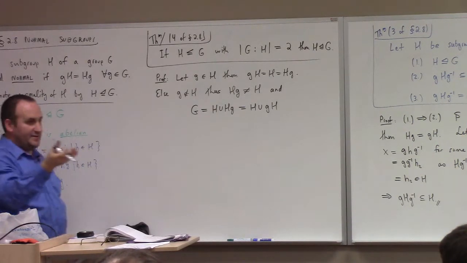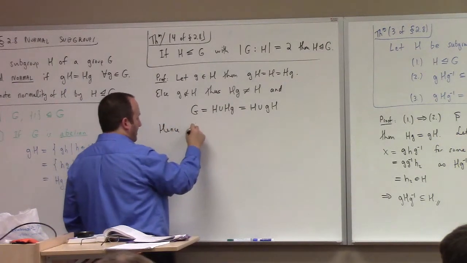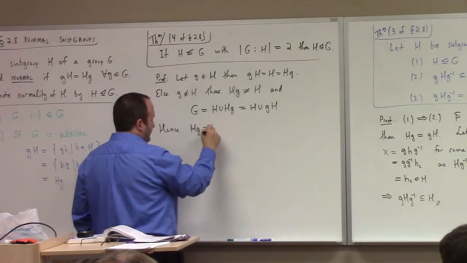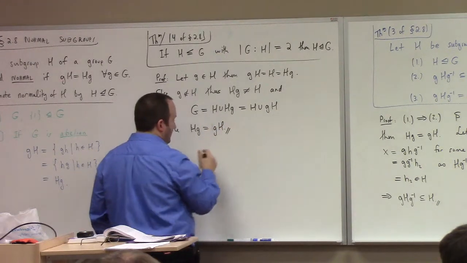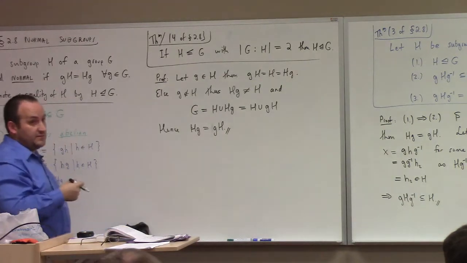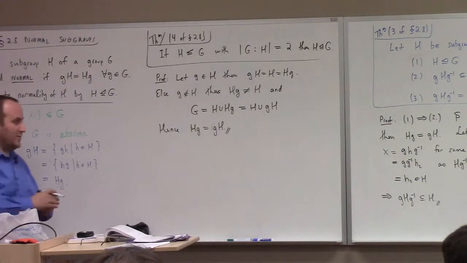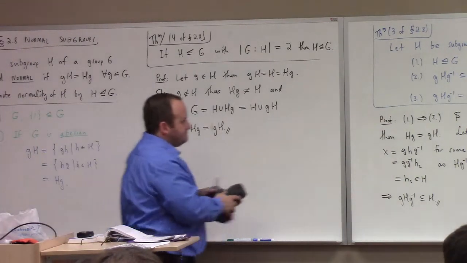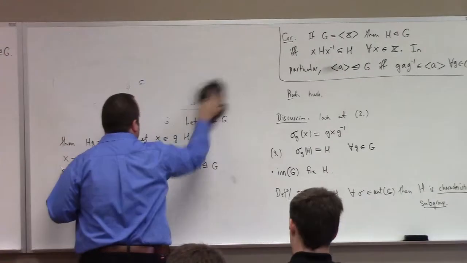But by set theory, this implies Hg is equal to gH in all possible cases. Consequently, H is normal. So index 2, normal. There are wonderful applications to this theorem.